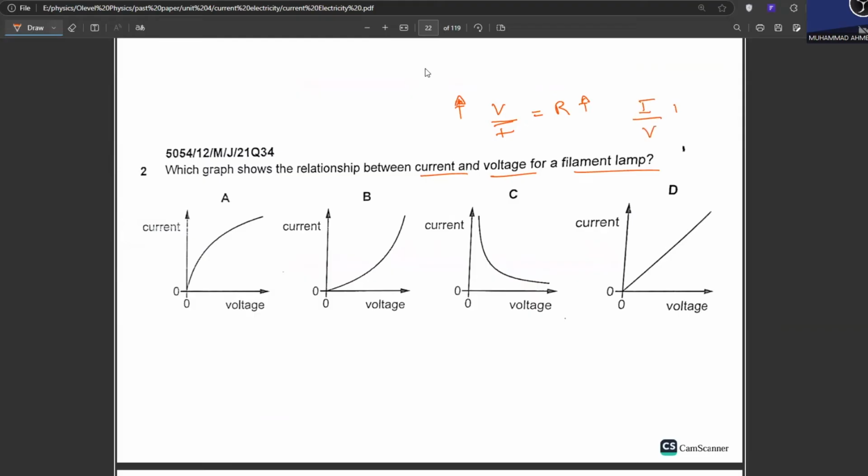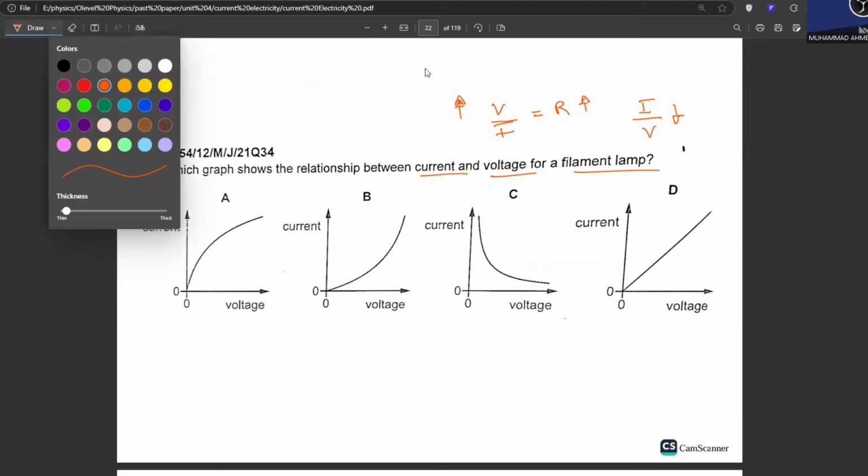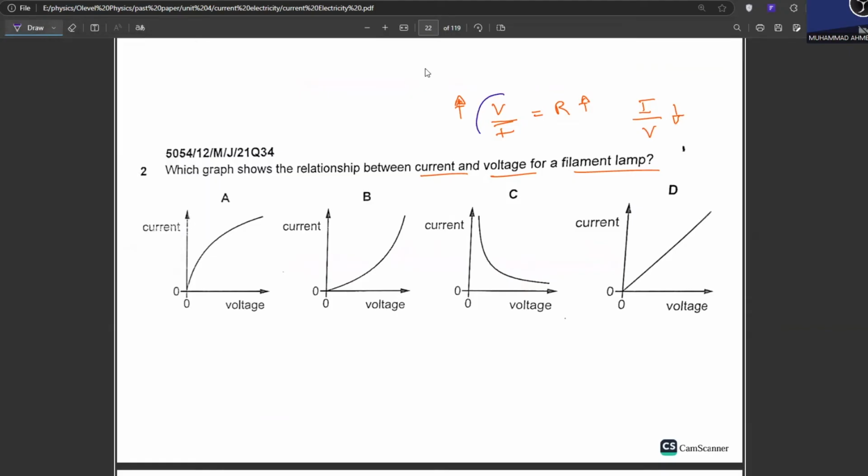Current versus voltage will decrease. Hence, your current versus voltage graph will be a decreasing curve. A is your answer. Simple.